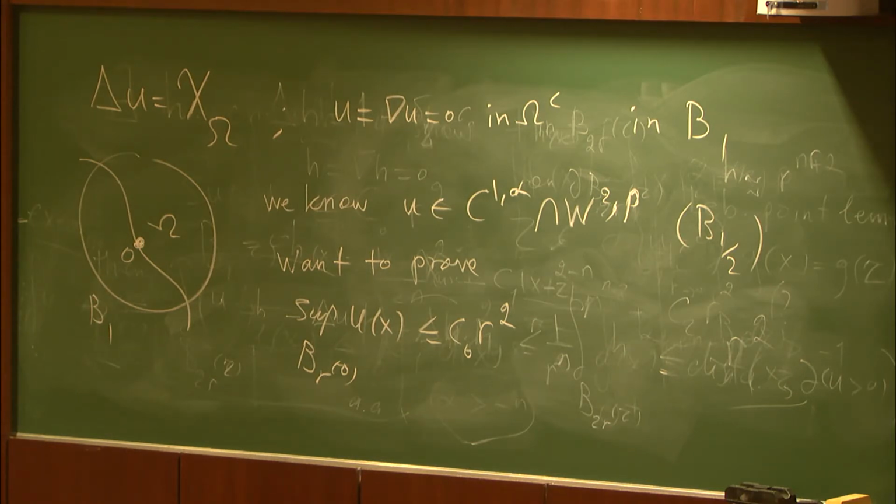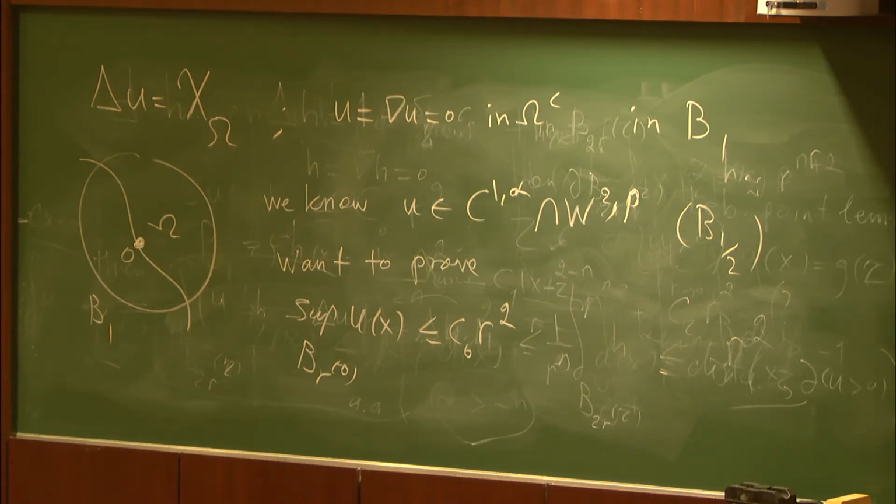So what I do, I say that suppose this is not true. Suppose this is not quadratic. What does it mean? It means that when you're approaching the origin, there are certain values of r such that the supremum of u on that ball is going to be like r squared times a constant, and that constant is becoming larger and larger.